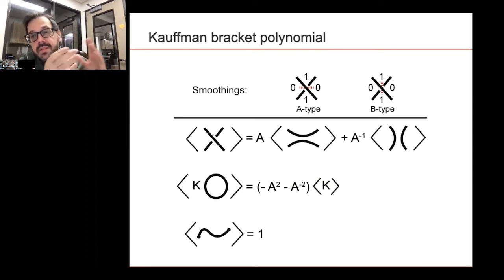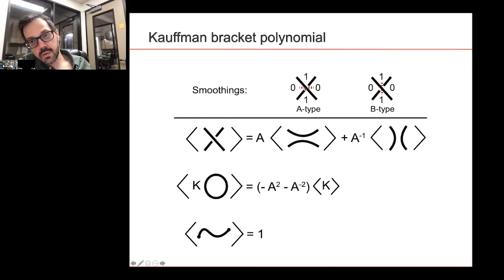So if we have a Knotoid diagram, there are two ways that we can smooth the crossings. Okay, there is one way, the A type, where we have labeled opposite regions of a crossing with the same number. So we have 0 here and 1 here. So there is one way that we can smooth it.